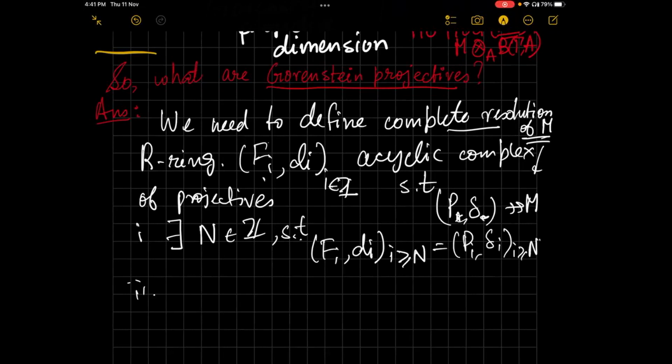And the second point is the totally acyclic part, which says that for any projective R module, Hom of the complete resolution with that projective module should again be acyclic.